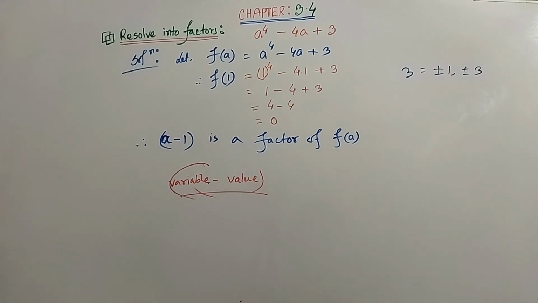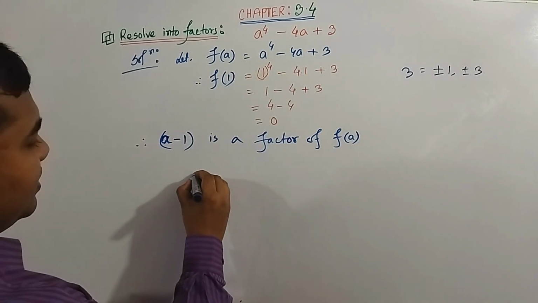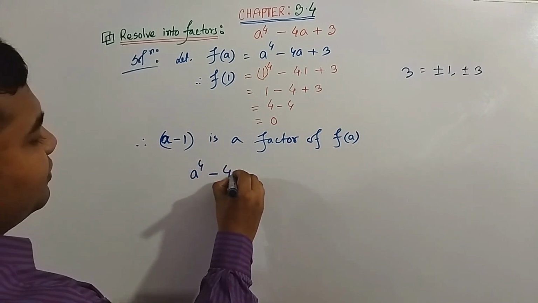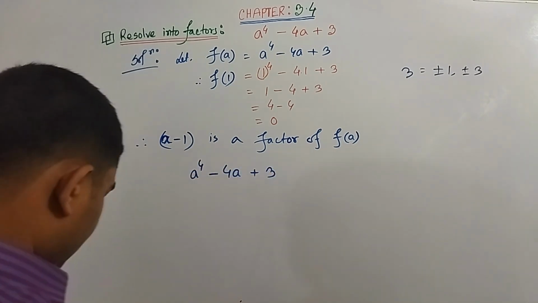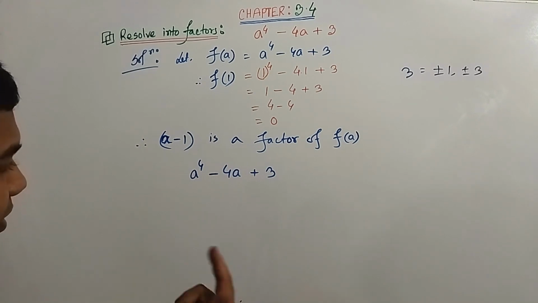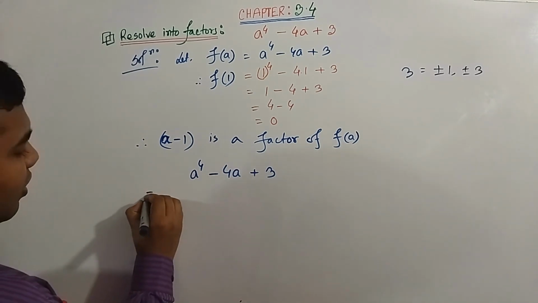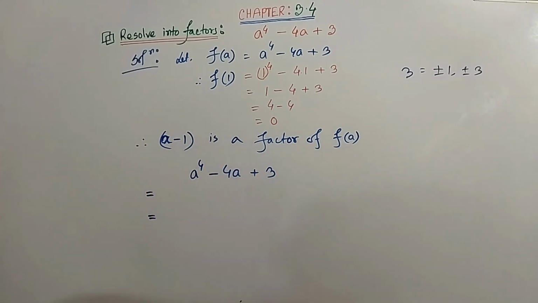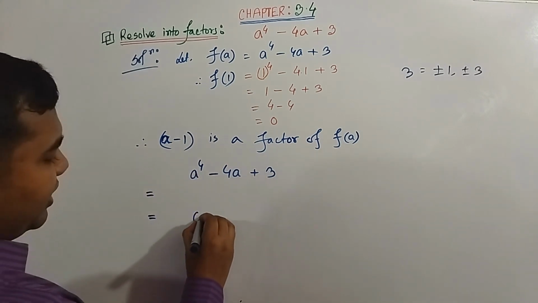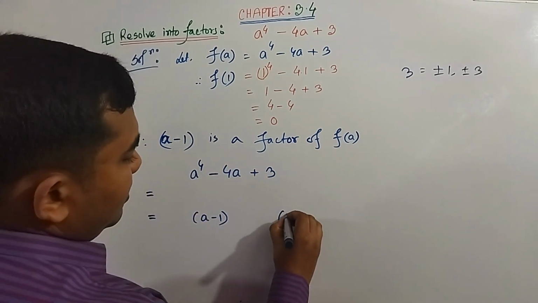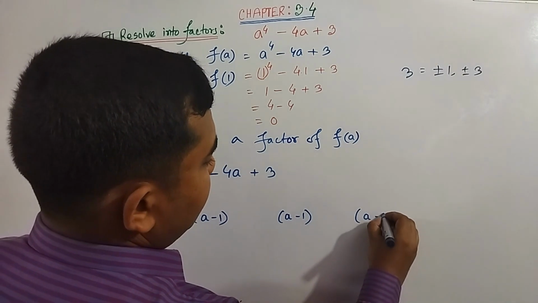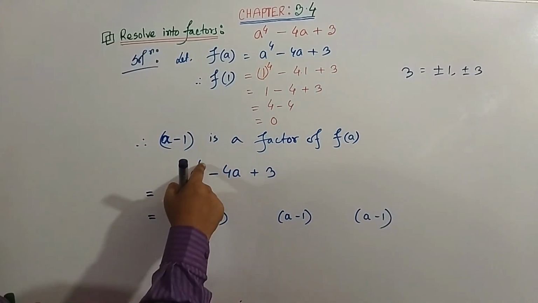How? First of all, write down the main part, that is a power 4 minus 4a plus 3. What can we write from there? We have to write the factor first, at least 3 times, then a power 4 is needed.